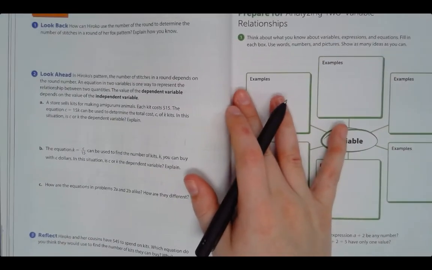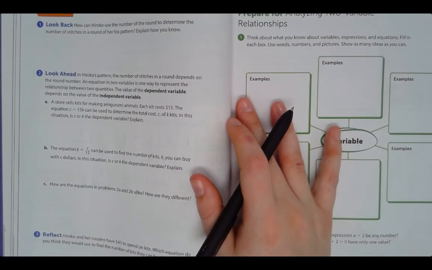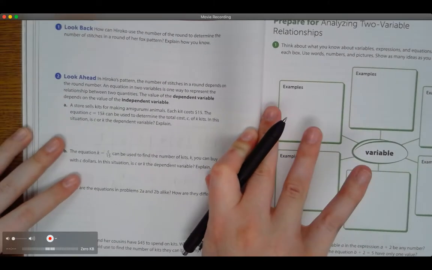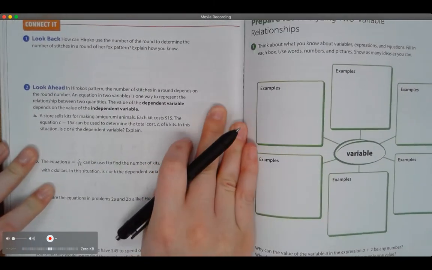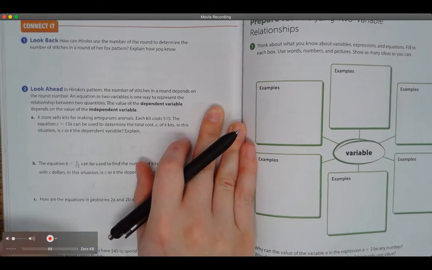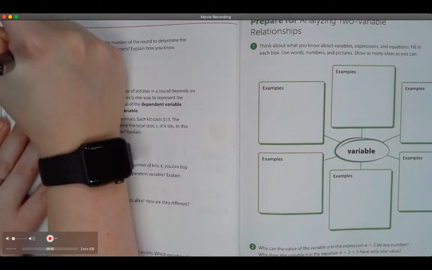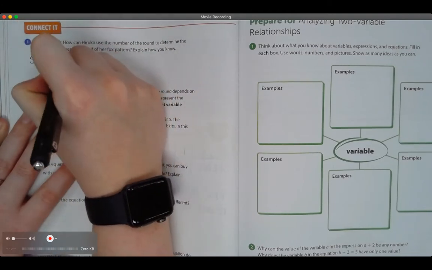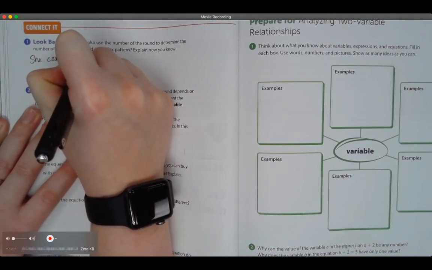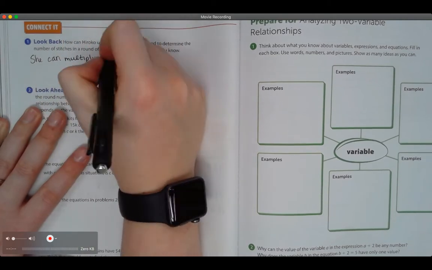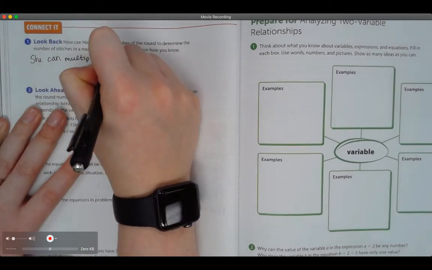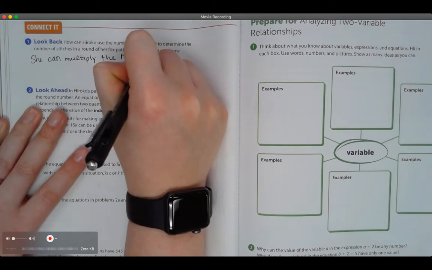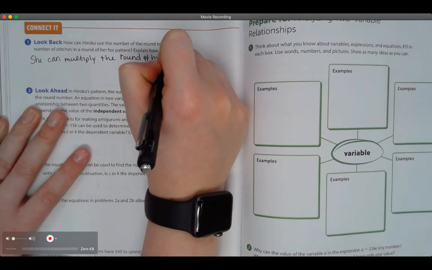Right, turn to the back. So how can Hiroku use the number of the round to determine the number of stitches in a round of her fox pattern? Explain how you know. So she can multiply the round number by 6.